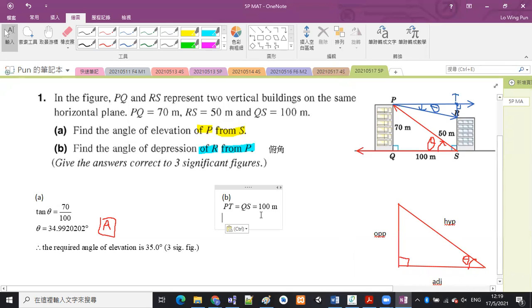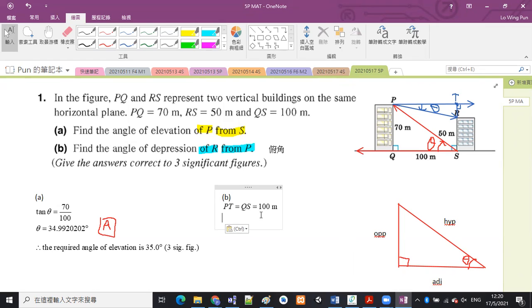Okay, and then how about TR? TR is this one, this little length. Okay, do you know how to calculate this length? How many? 20. Yes, very good. How to calculate this?